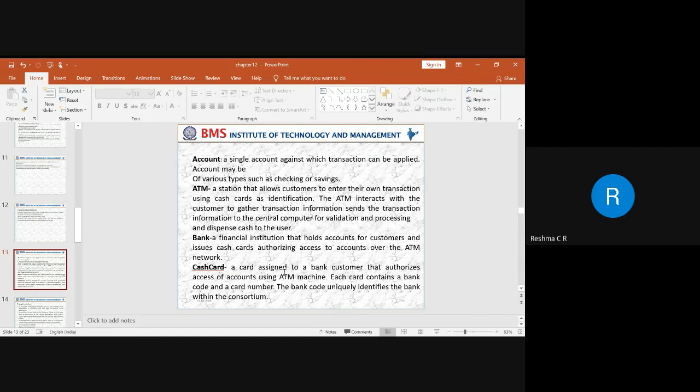Combining all the bank branches throughout the country, it becomes a consortium. So how do we identify that this card belongs to a particular bank and a particular branch? Through the bank code. That is how we describe a cash card.